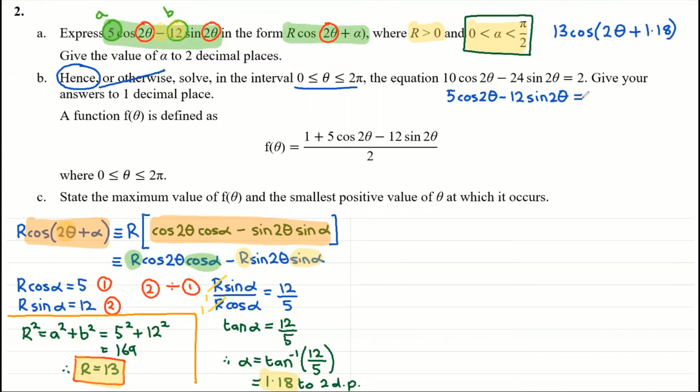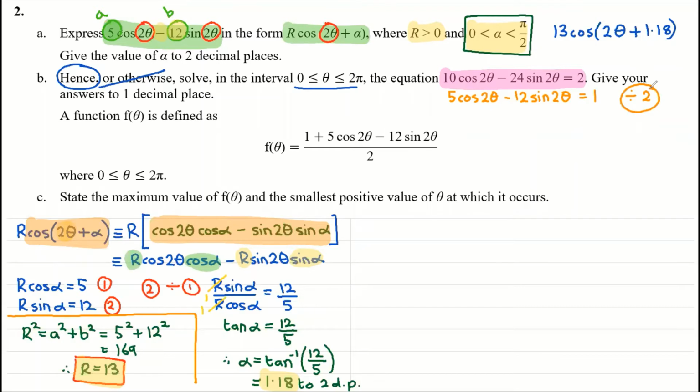Now, I'm not going to put equals 2 because if you'll notice, I just undo all that. Let's just take this equation and divide the whole thing by 2. There's factors of 2 in every term. What do we get? Well, we're going to get 5 cos of 2 theta, subtract 12 sine of 2 theta, is going to equal 1. So I've just divided by 2.